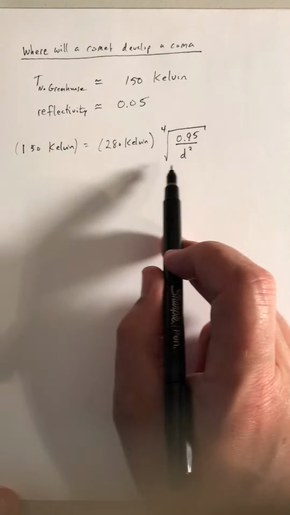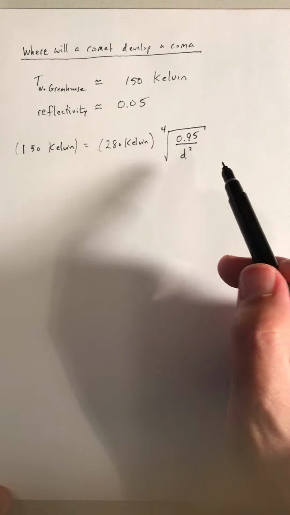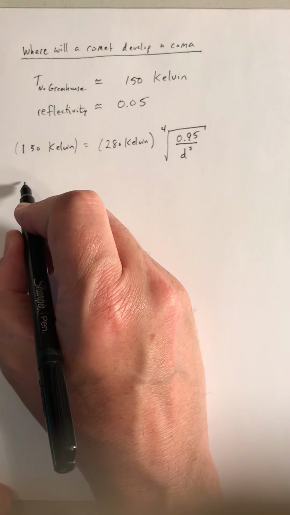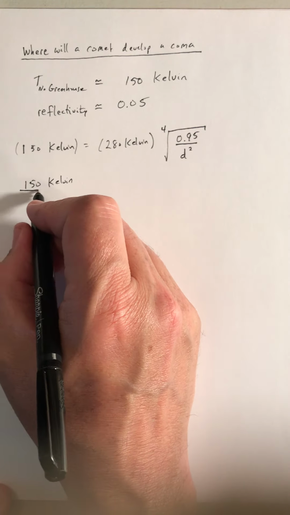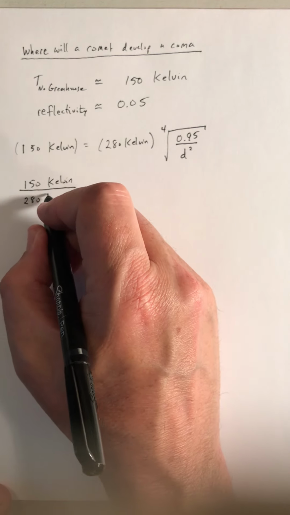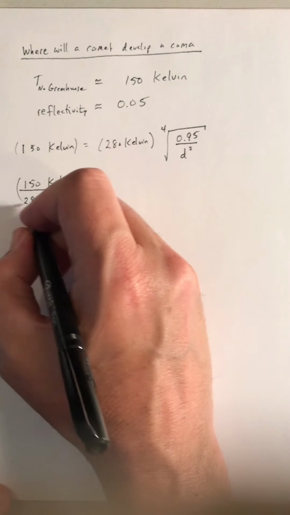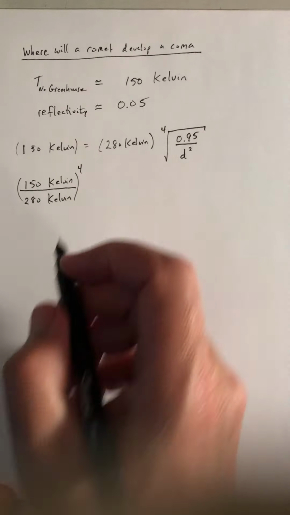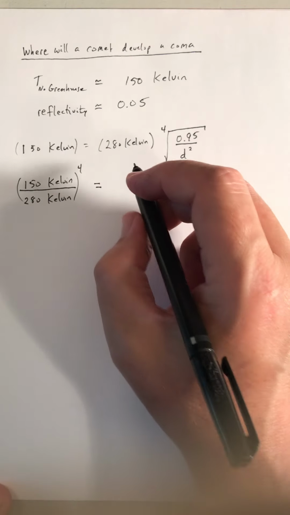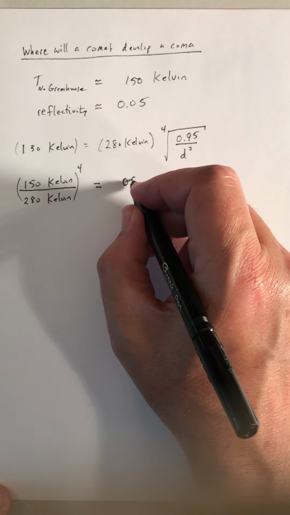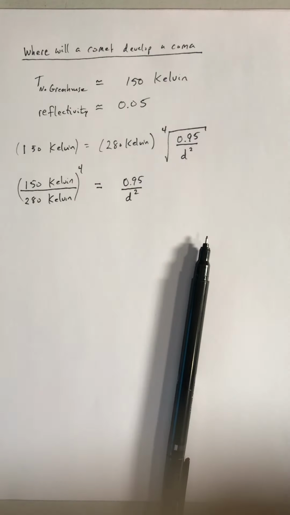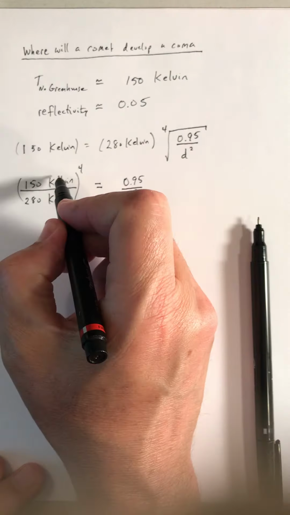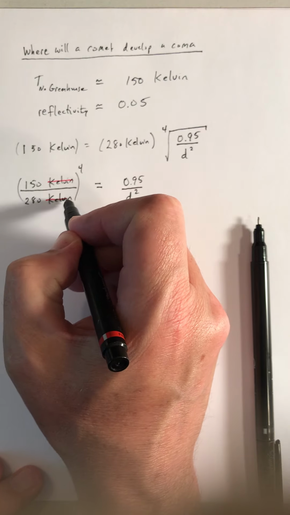I'm going to rearrange this in a couple steps to get the distance all by itself. 150 Kelvin over 280 Kelvin raised to the 4th power. To clear the 4th root, it's going to give me 0.95 over the distance squared. I'm going to have a pure number on the left-hand side now; Kelvin cancels out with Kelvin.